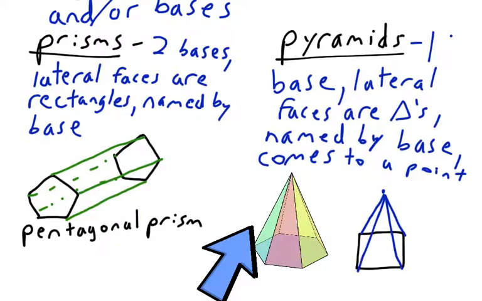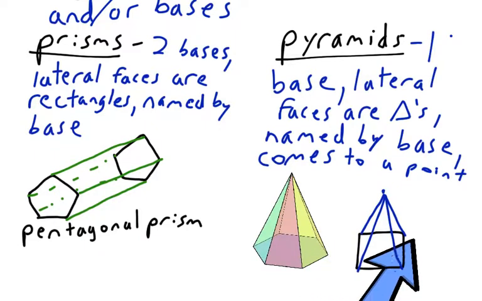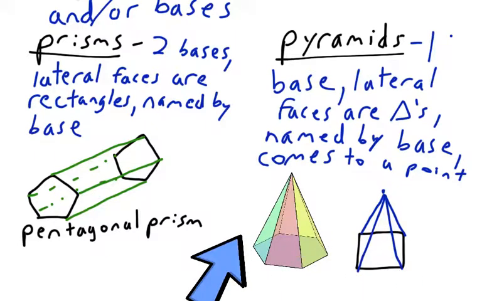So I'm connecting it in 4 locations. Alright, and you can see we have 4 triangles that made. So that would be 4 lateral faces. And the base is a square, so that's why this one is called a square pyramid. And let's label that.